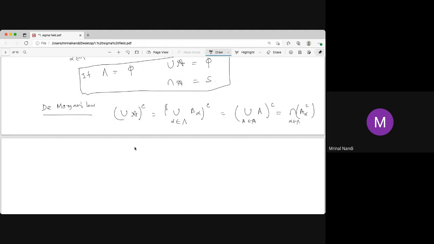Now we'll go to the sigma-algebra. What is a sigma-algebra or sigma field? This is a very, very important thing. Before going to the sigma-algebra, we give the definition of a slightly easier concept called an algebra, or algebra field.